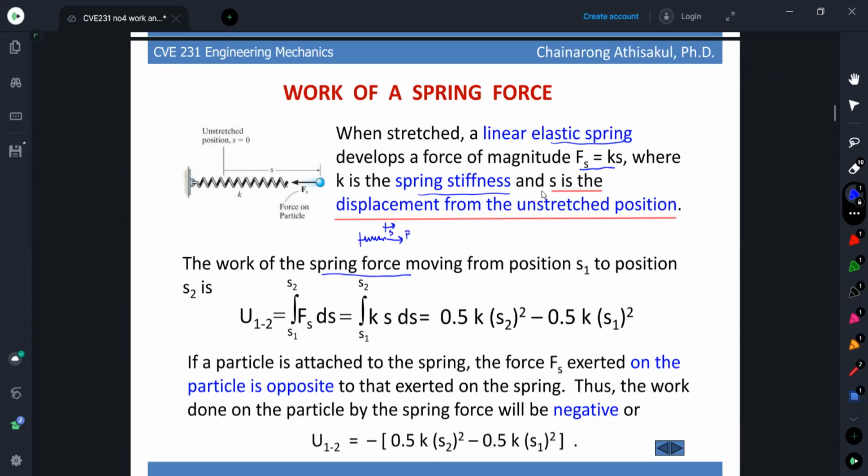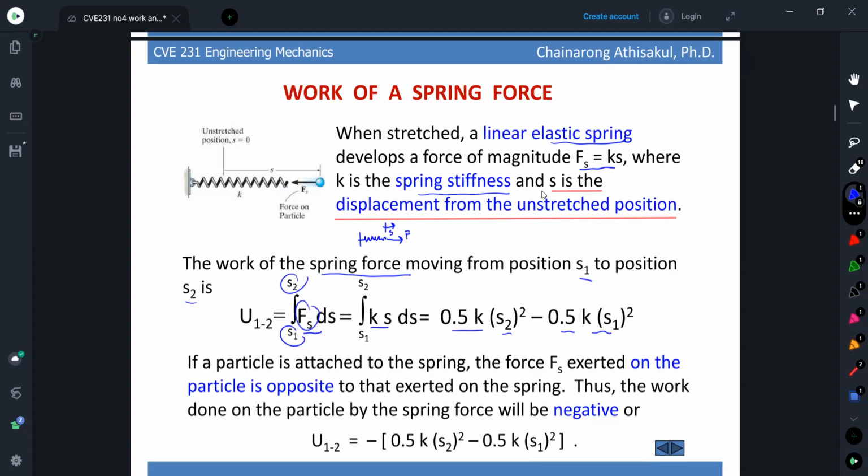The work of the spring force moving from position S1 to S2 is the integral of Fs ds from S1 to S2. The force acting on the spring is equal to ks, so the work done is 0.5 k s2 squared minus 0.5 k s1 squared.